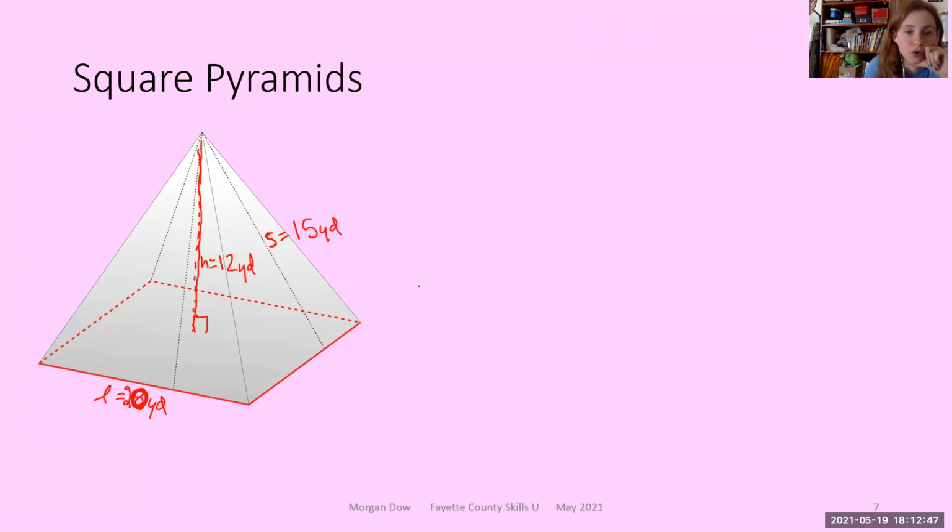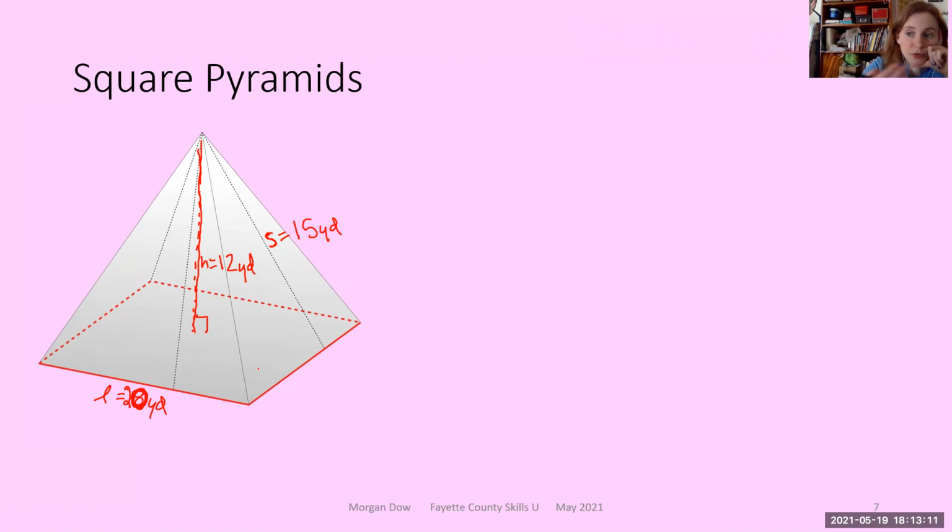Okay, so with a square pyramid, there's a few measurements that we will need to concern ourselves with when we're talking about volume and surface area. So the first one is about the measurement of the base, or that square that's at the bottom of the pyramid. So we need to know the length of the sides of that square.